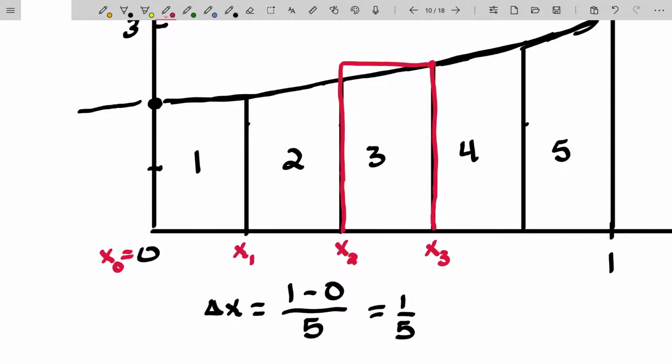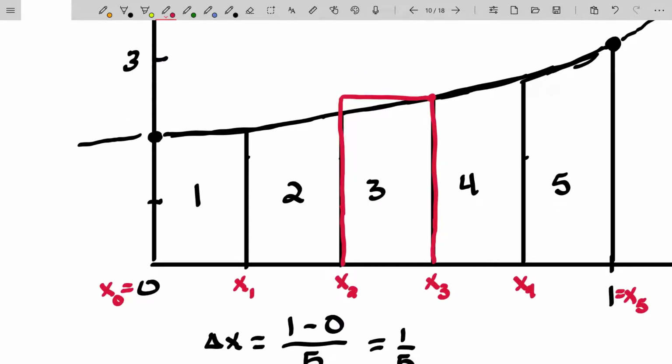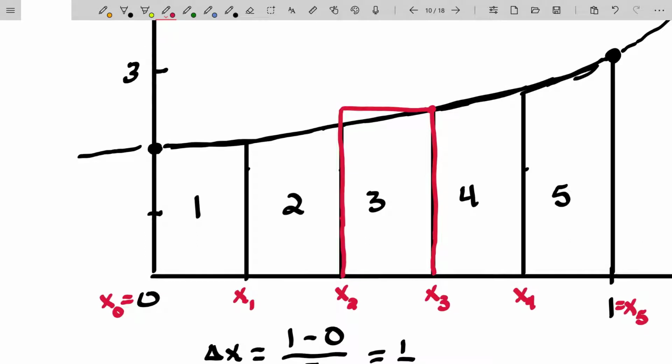Right? And then there's x sub 2, x sub 3, x sub 4, and then the last one is x sub 5, which is 5 because of our number of slices. But the main thing to note here is when you're finding the area of, for example, the third slice, you're going to evaluate f at x sub 3.